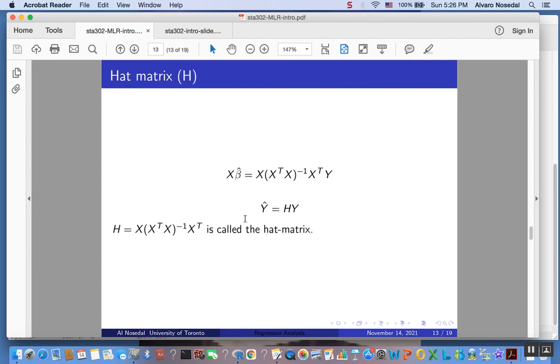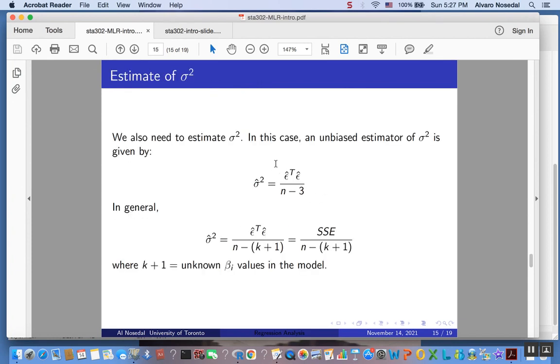In other cases, some changes have to be made accordingly. Like in this case, for the estimator of sigma squared, the variance of your residuals, before in simple linear regression you divided by n minus 2. Now you have to divide by n minus 3. And if we had p betas, it would be n minus p.